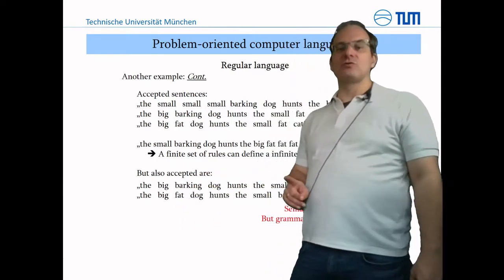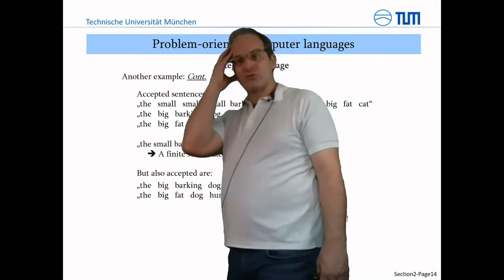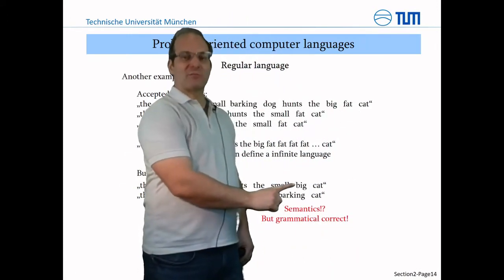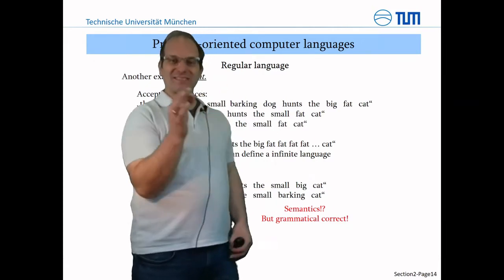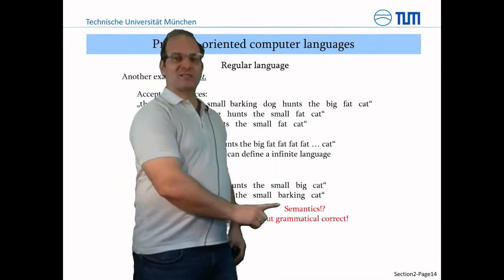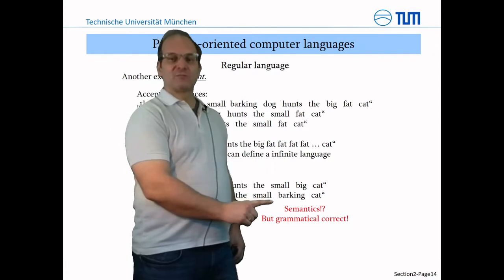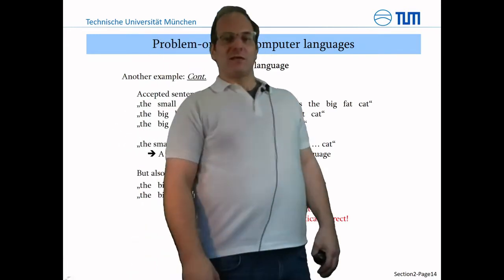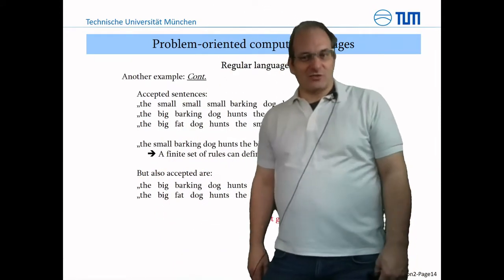But if you read this and if you convert it into your brain, it cannot be that a cat is small and big at the same time. So this is the meaning. So this is the semantics. And it's also that a small cat cannot bark, because barking is something that just a dog can do.